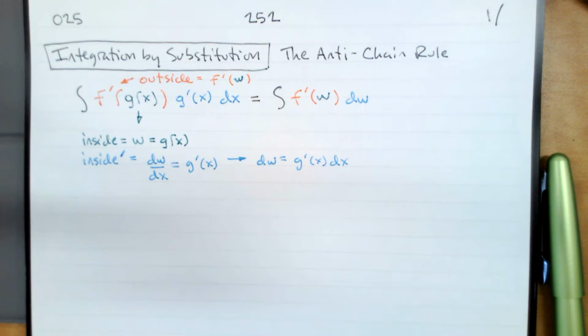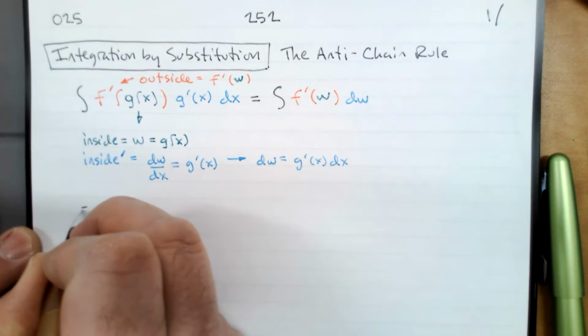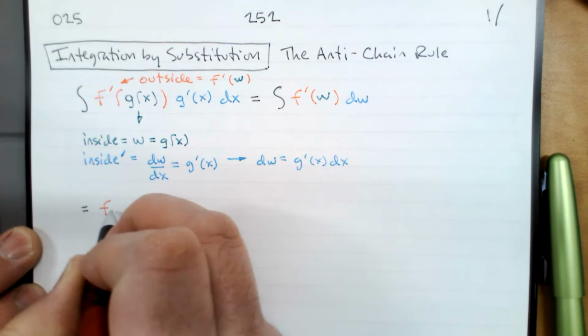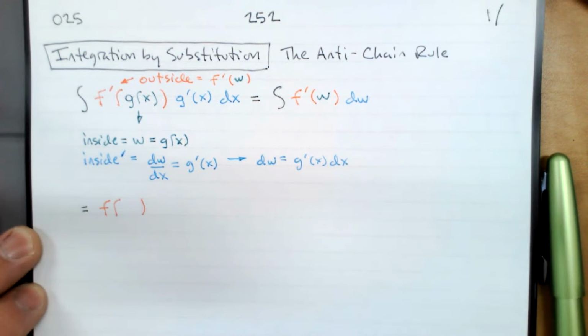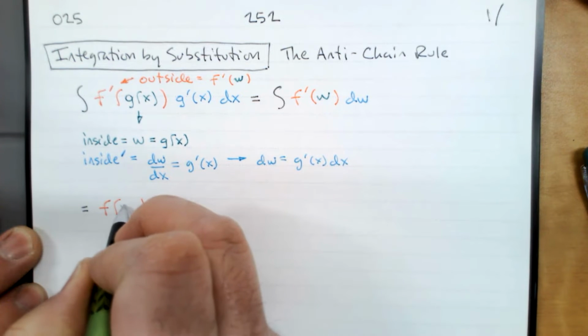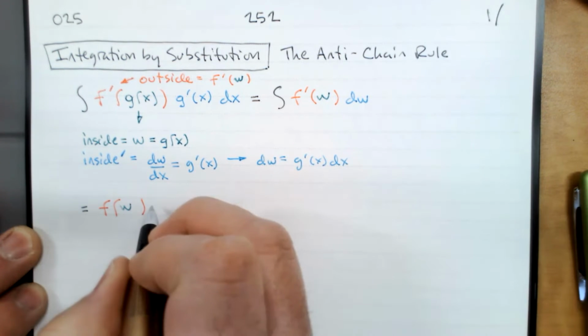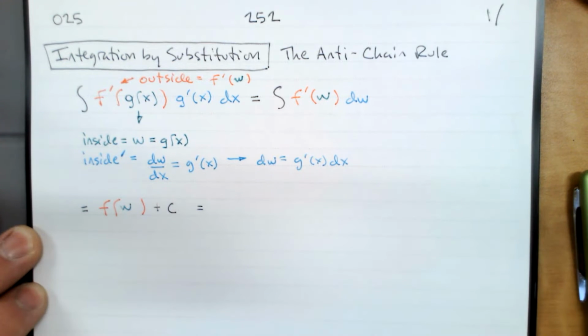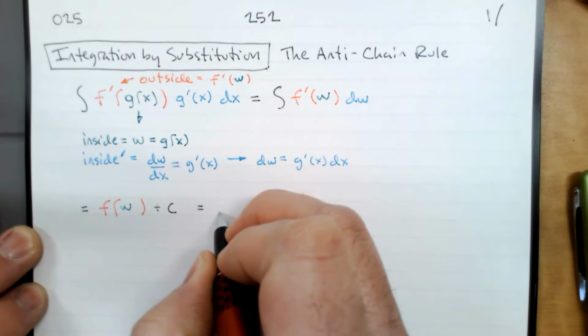Now we're just integrating f prime of w dw. And so that gives us f of w plus c because we integrated. And then we have to replace the w with what w represents.